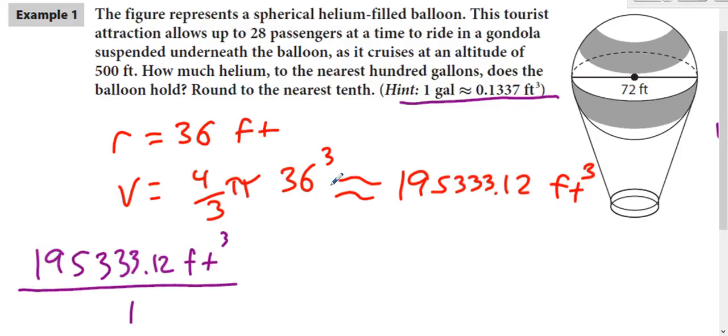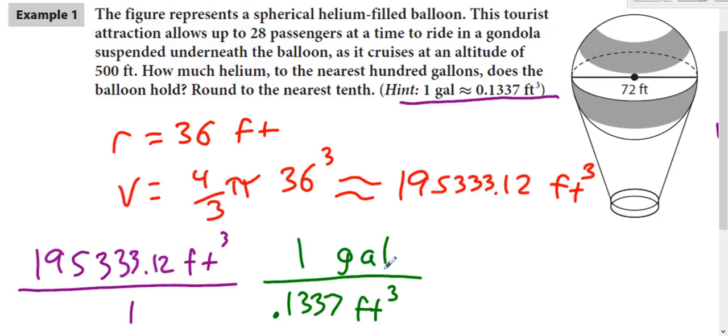So this 0.1337 goes in the denominator with 1 gallon up top in the numerator. So you do that, cubic feet cancels out.